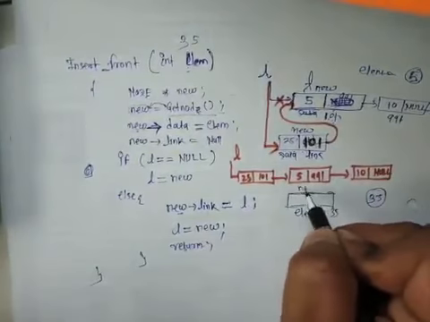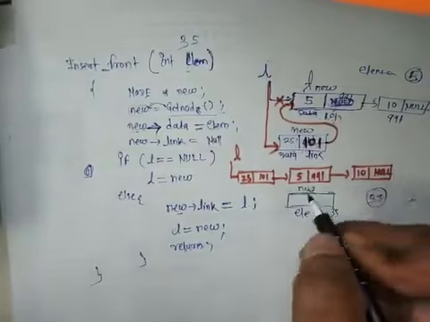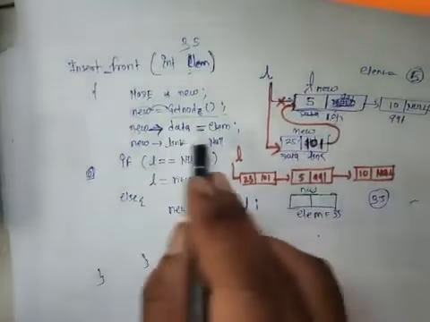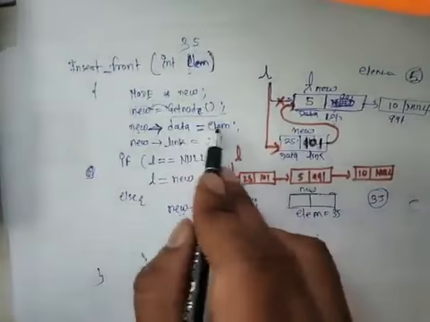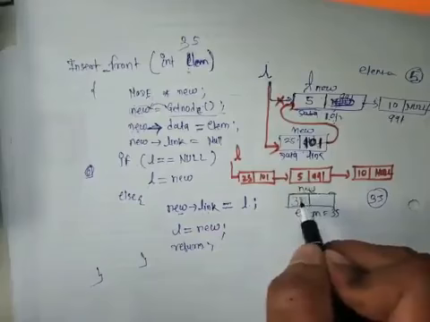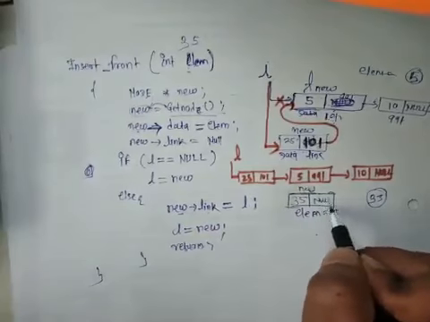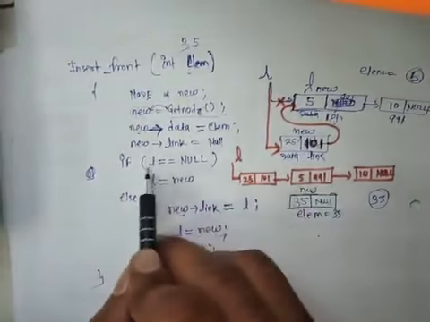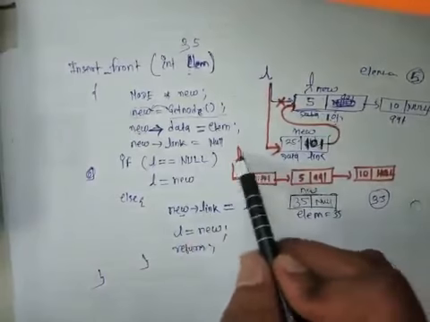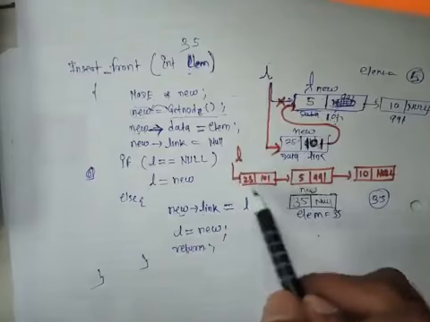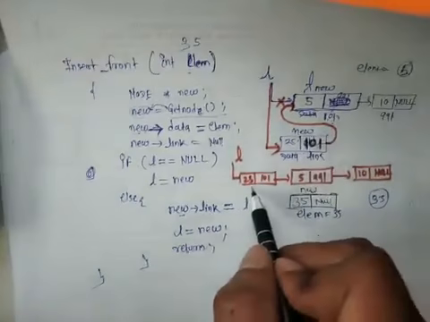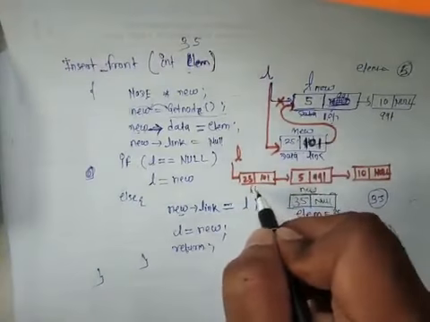Then new of data is equal to 35, since we are assigning element. So here comes your 35, and this link part is null. Now the second line checks whether L is equal to null. Is L holding null? No, it is holding the address of this node, and the address of this node is like 661.